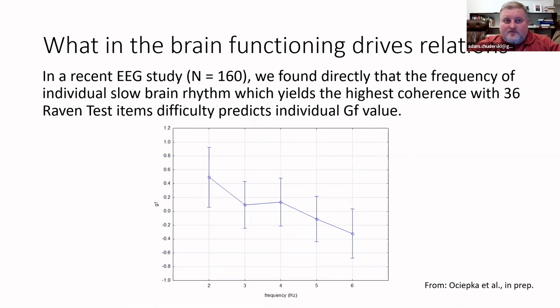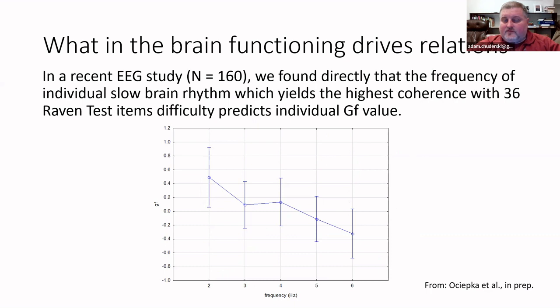in another study that we are currently analyzing, we didn't have time yet to analyze these phase amplitude coupling relationships, but we looked at something even simpler. So people performed the Raven advanced progressive matrices test.